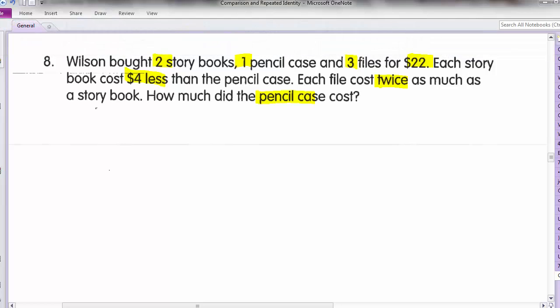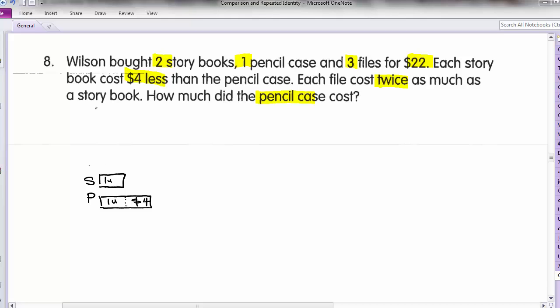So let's again draw the model. So I've got storybook, I've got pencil case. So each storybook costs less. So the storybooks cost less than the pencil case. So in other words, pencil case costs $4 more. So 1 unit, 1 unit. So pencil case, storybook costs $4 less than the pencil case. Each file costs twice as much.